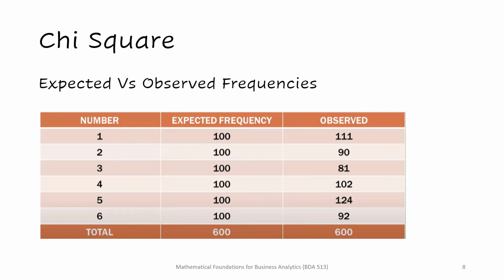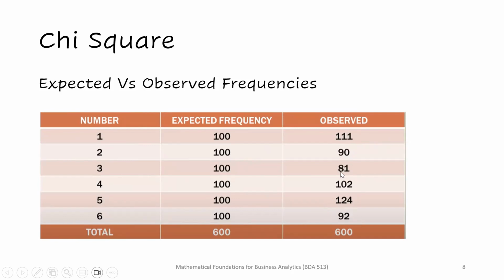But actually, when you threw the die, for number 1, you threw it 111 times. Number 2, 90 times. Number 3, 81 times. Number 4, 102 times. Number 5, 124 times. Number 6, 92 times, all making 600.